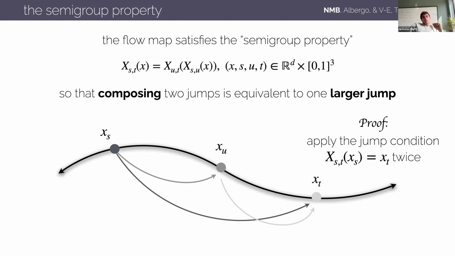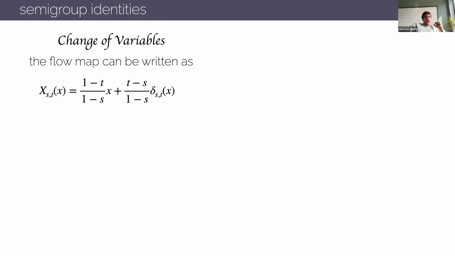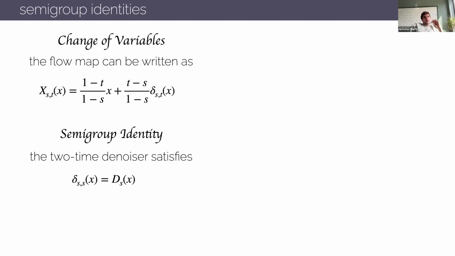Okay, so what I want to do is figure out what is the analog of this semigroup condition for my two-time denoiser. So let's first observe that I can rewrite the flow map in the following way. And then let's observe that, in fact, the two-time denoiser satisfies the following two conditions. The first one is the tangent condition.